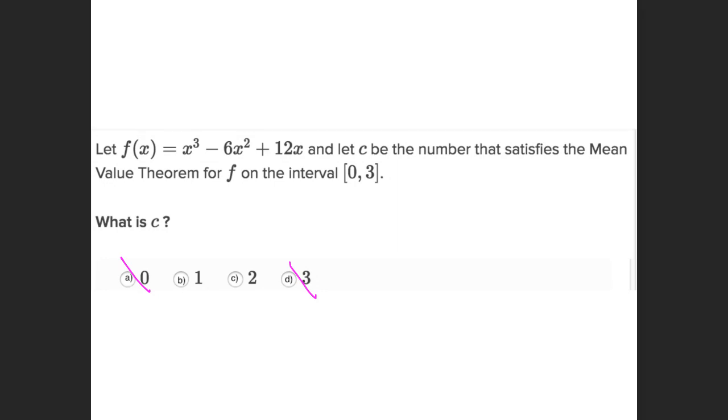C equals 1. Okay, that was pretty quick. All right, I'm just plugging this in my calculator and seeing if I can find a halfway decent graph of this thing. Oops, I wanted to zoom in on that, not zoom out.